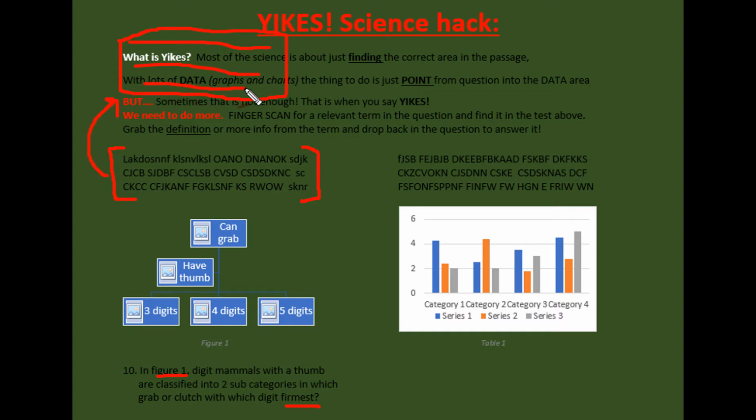Bottom line, we just need to find the correct area. Most of the time, when there's data, we're going to just be able to point. However, heavily weighted passages that contain text, they can hide definitions in the text area. That's what we call yikes. All right, let's go ahead, turn the page, take a look at a working example.